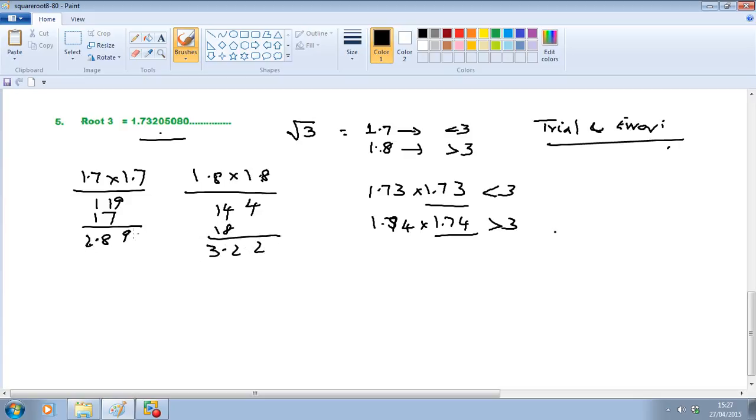So here it is 2.89, here 3.24. Here it is more, so the value is 1.7 something. You can guess, oh, it is near this. So instead of 1.7, you try 1.72. So you can go on. You will find you won't get a perfect 3. The answer will go near 3. Okay, you will try 1.73 now.